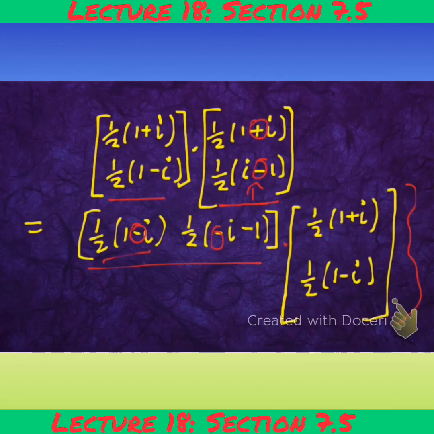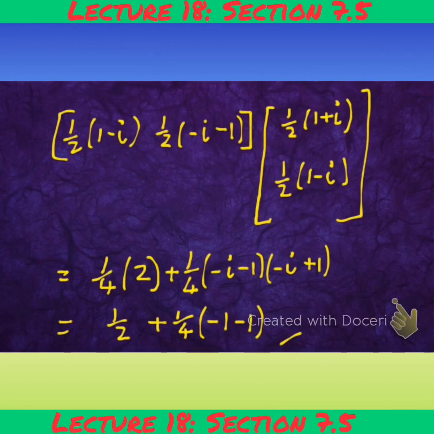So it's this term multiplied by that term plus that term multiplied by that term. Okay, so it's this multiplied by that, which is this term here, and that term multiplied by that, which is that term there.